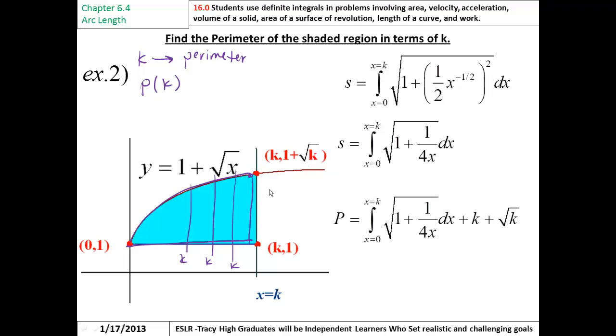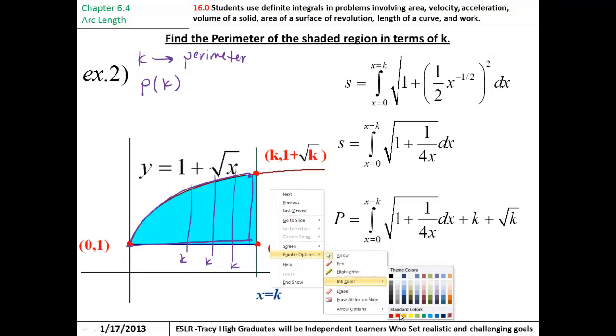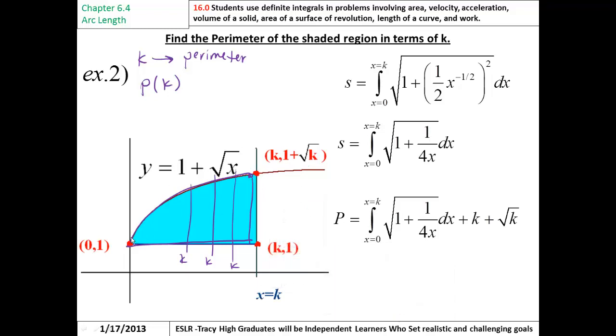Okay, so we're separating this into several different regions. And that is this part, which is given by this. That's the curvy part. But the other ones are just lines. So this distance right here is k. That makes enough sense. So that one's here. And this distance right here is proportional to the square root of k.